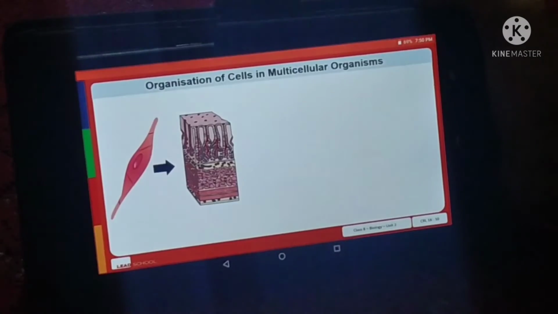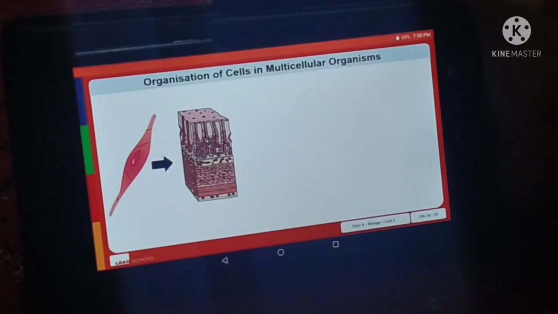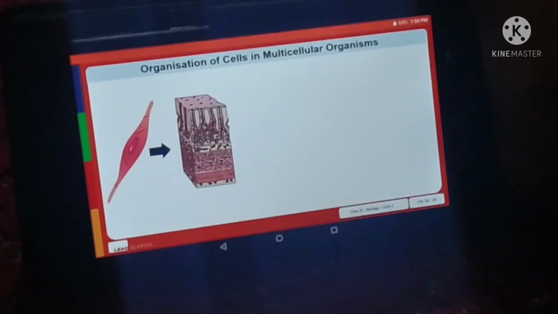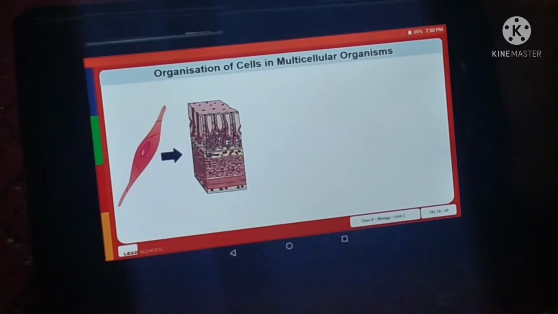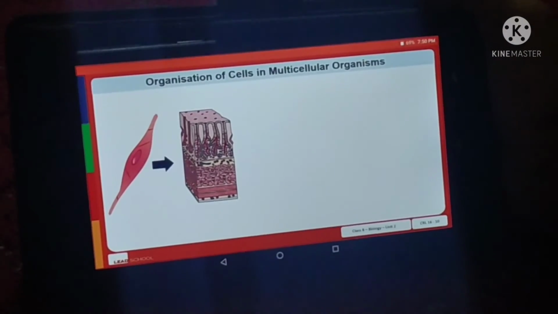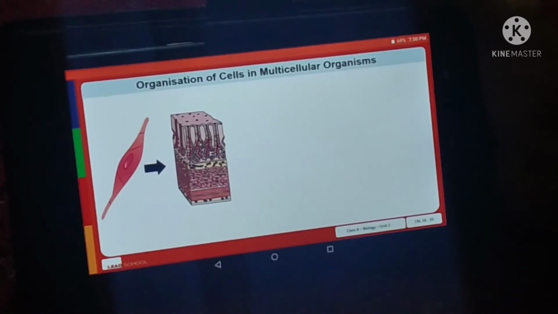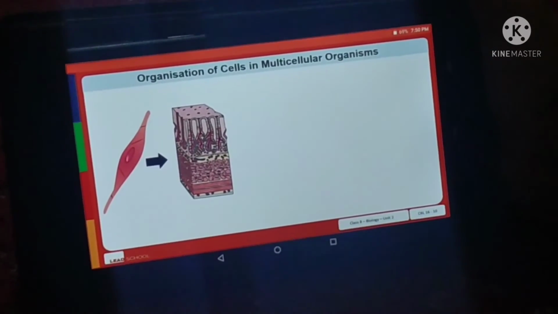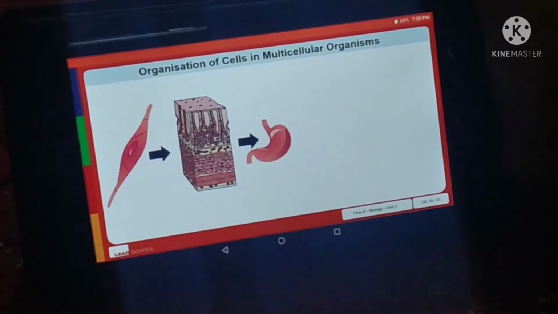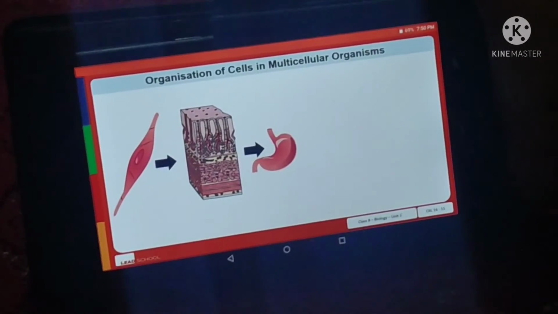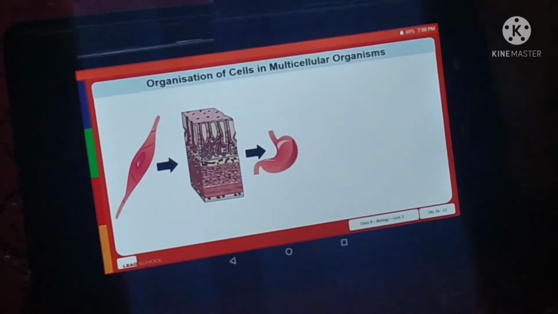In summary, we saw how cells are organized in multicellular organisms. A group of similar cells work together to form tissues. Tissues perform a specific task. Multiple tissues combine to form organs, which can then individually perform a specific function.